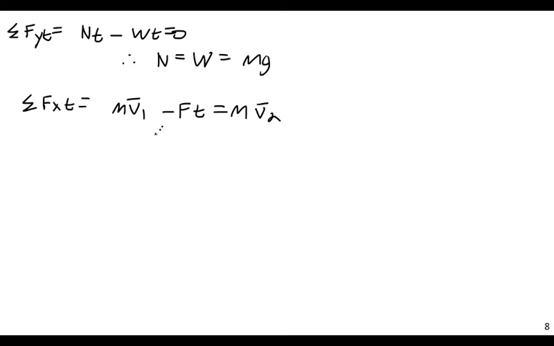Then putting in comparable pieces, mv1 minus, well, I can replace this with F, again, is going to be equal to mu kinetic times the normal force. That's the term for the frictional force. Or I could also say this is equal to mu times m times g.